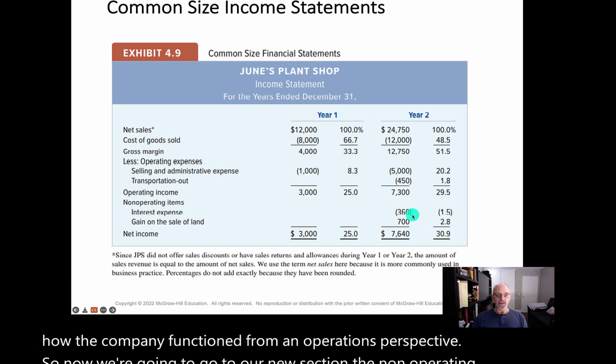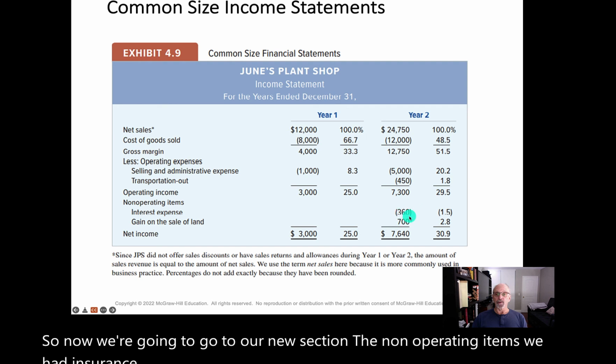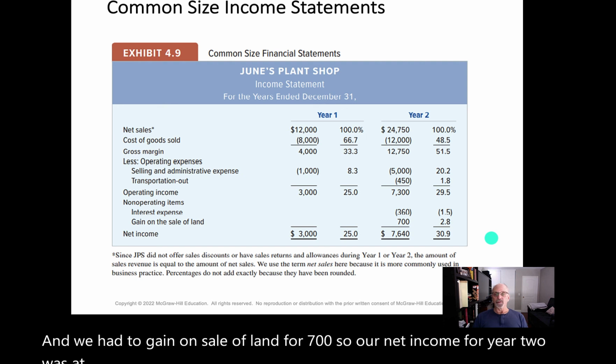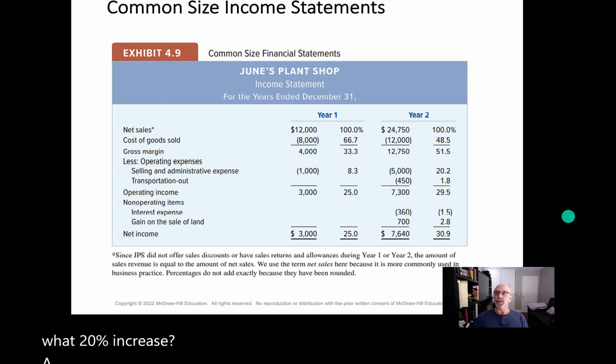We had insurance expense because we borrowed that $4,000, and we had a gain on sale of land for $700. So our net income for year 2 was at 30.9% of sales, and net income in year 1 was 25%. So we had a 20% increase in net income in 1 year. That's a good thing. We like that.